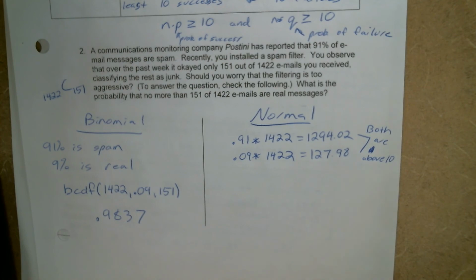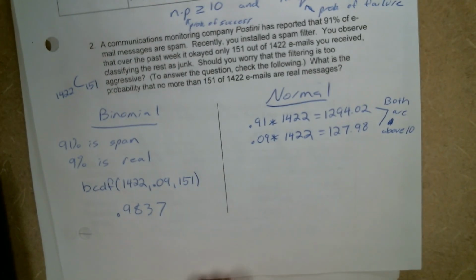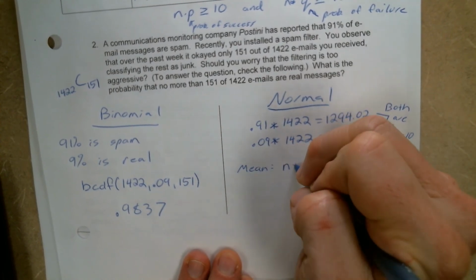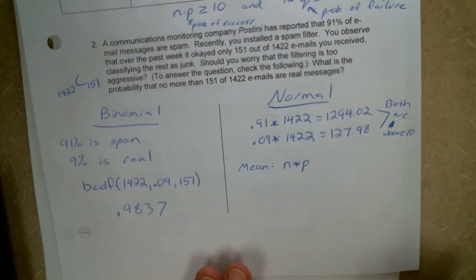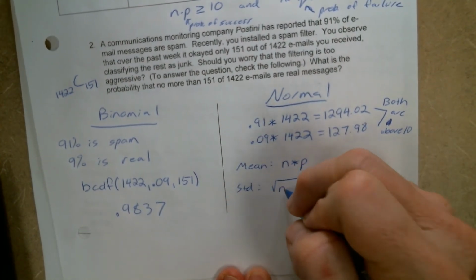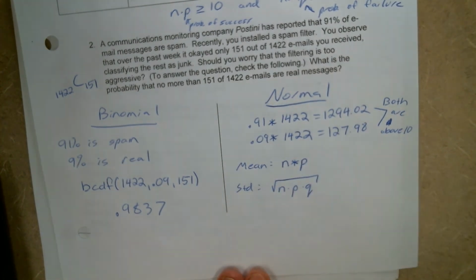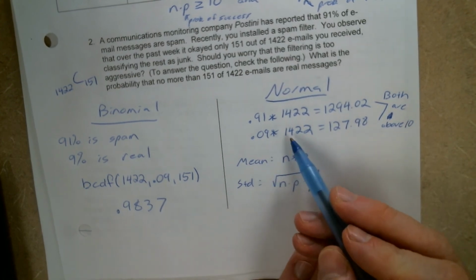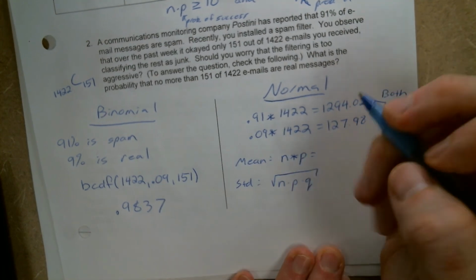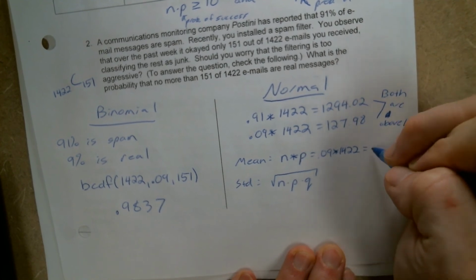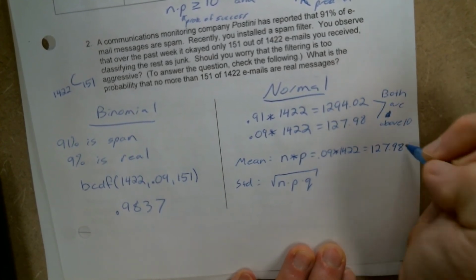Now, to do a normal distribution, I need the mean and I need the standard deviation. So the mean we know is n times p when we're in this binomial setting, and the standard deviation is the square root of n times p times q. Our n times p, we actually already did right here. It's the same 0.09 times 1422, which gives us 127.98.